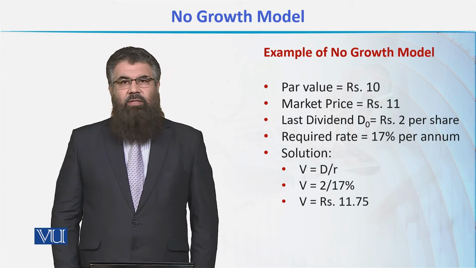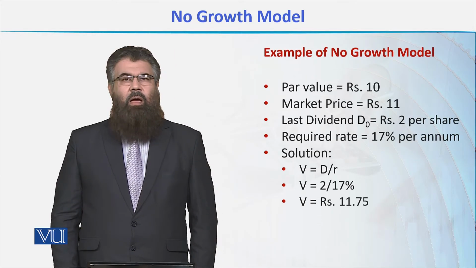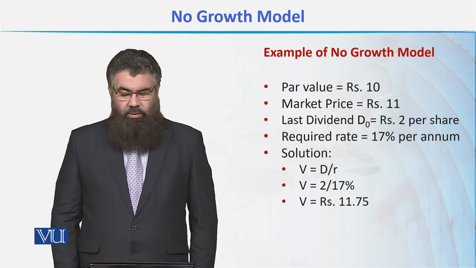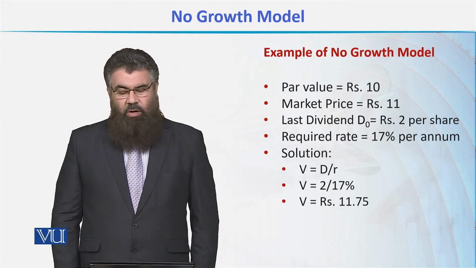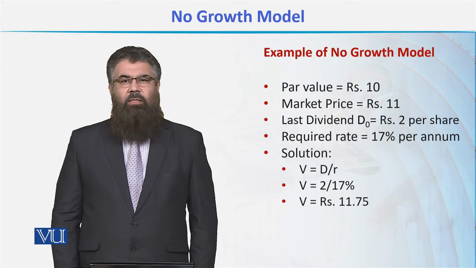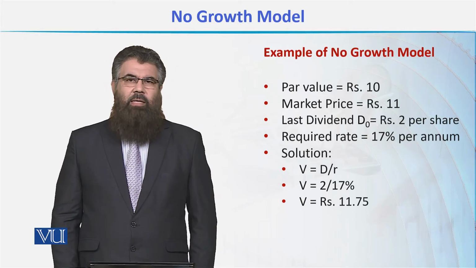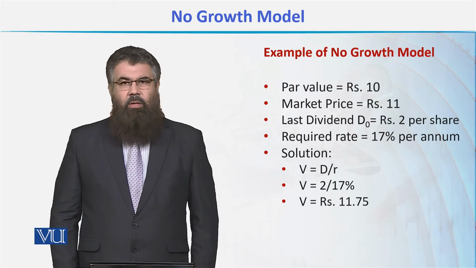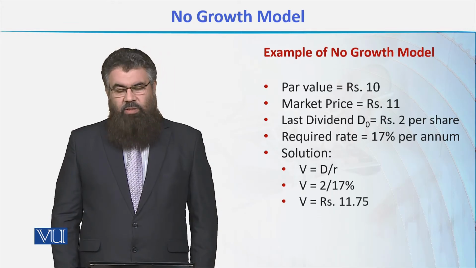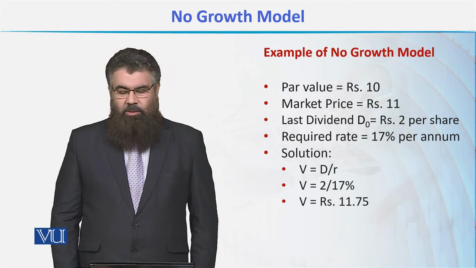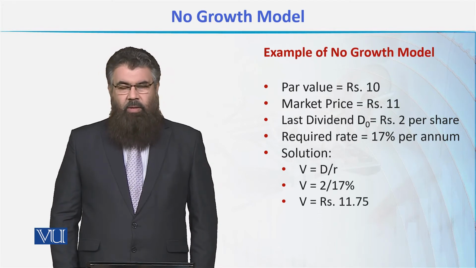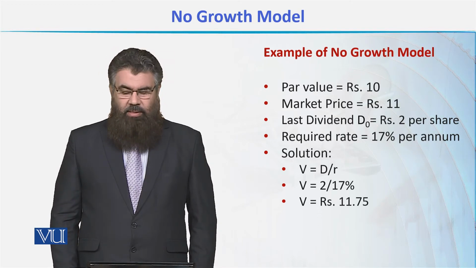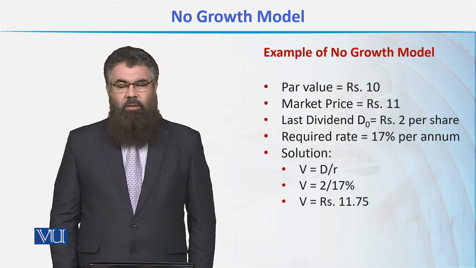Let's have a look at this example and try to understand how a common stock with no growth is valued. If the par value of a stock is rupees 10 and it is currently selling in the market at rupees 11, the last year's dividend, which is D naught, is 2 rupees per share and our required rate of return is 17%.